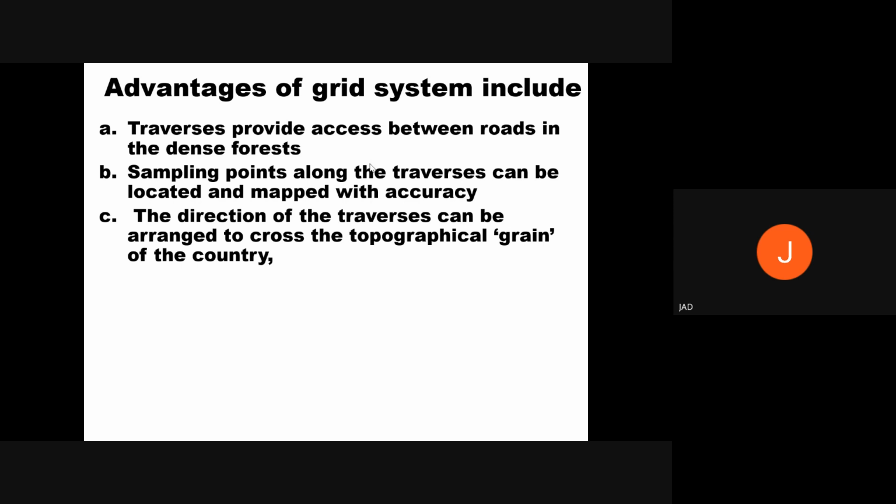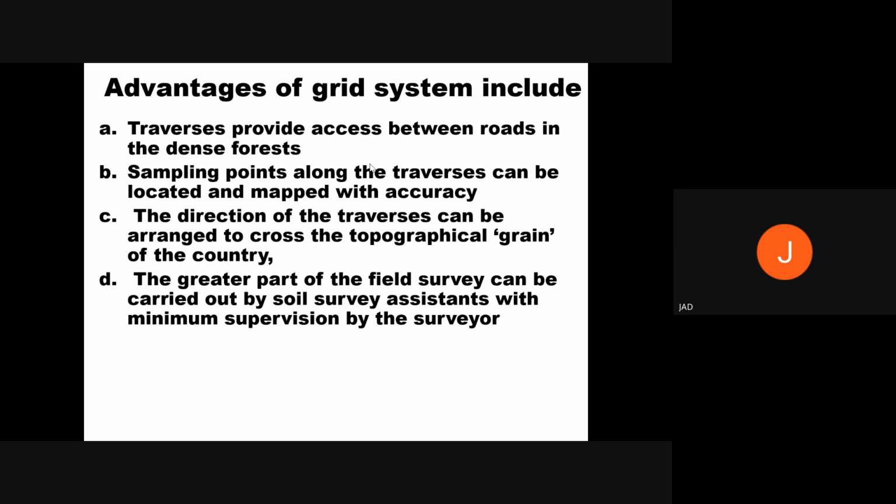So the grids are not developed in isolation. You develop the grid based on certain observable attributes, along a river basin or along a topographic variation. So you really use that to develop the grid system. Or you can use the rainfall amount, the changes in rainfall amount, to develop the grids.